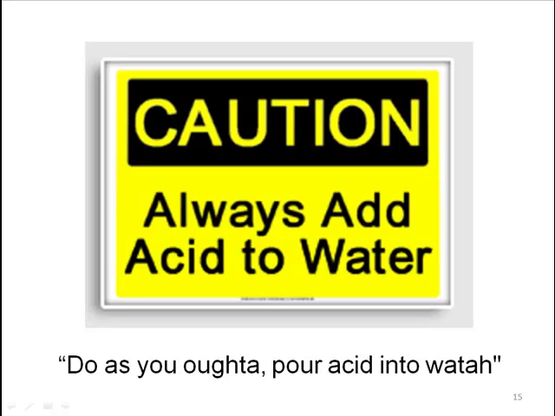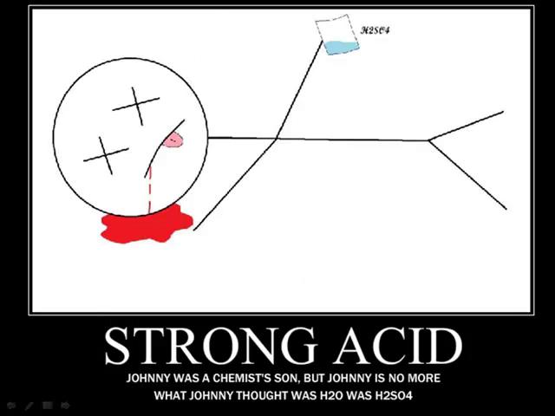If you do not, if you add water into acid, what can happen is the water will explode up into your face with the acid. It's in alphabetical order if you ever forget. Acid to the water. Now, strong acid. Johnny was a chemist's son, but Johnny was no more. What Johnny thought was H2O was H2SO4.